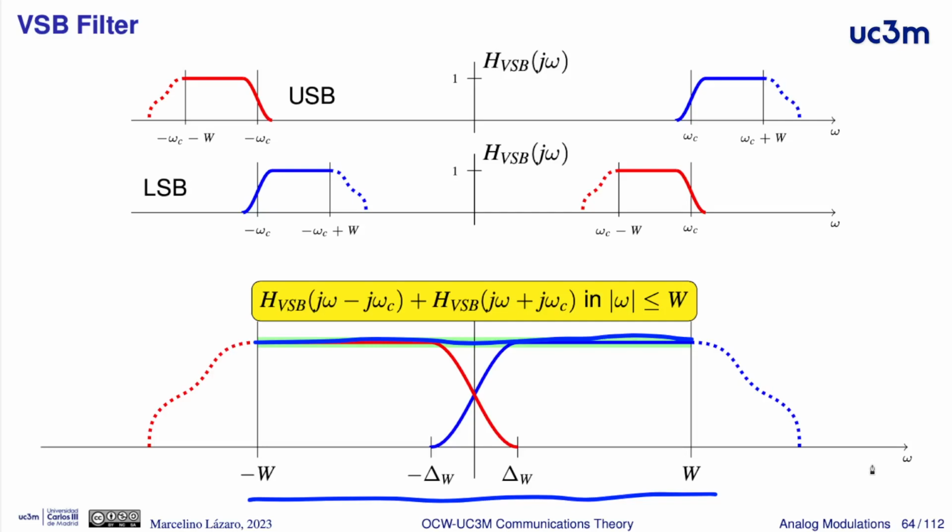Only in this case, the received signal will be an exact replica of the modulating signal under ideal transmission, without noise and without linear distortion introduced by the channel.